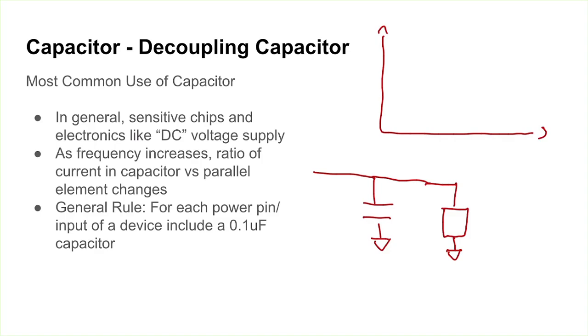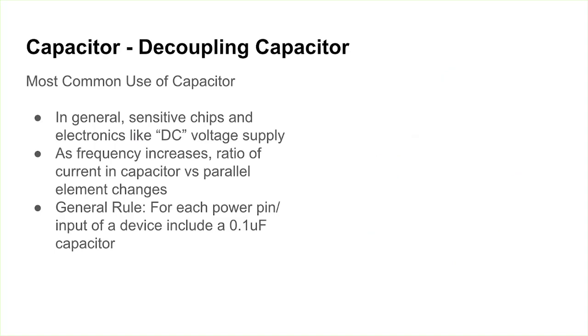If we give it that clean voltage it wants, V, no current will flow through the capacitor, and all the current will flow into our sensitive black box electronics. But say as we get more and more high frequency noise, we want that stuff to go through the capacitor.